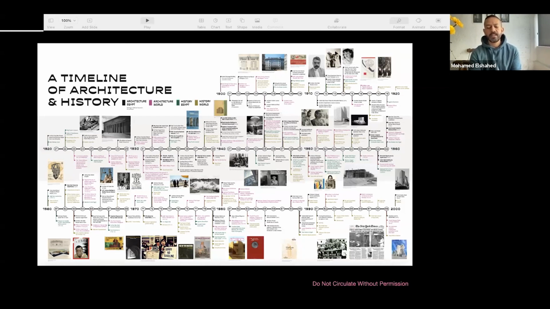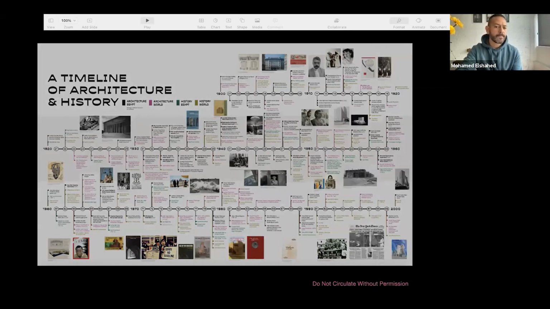An argument against that is to highlight that history is not linear, that there are multiple, very complex, networked, overlapping ways in which a history can be read. It's one of the many provocations that I try to include within the exhibit.